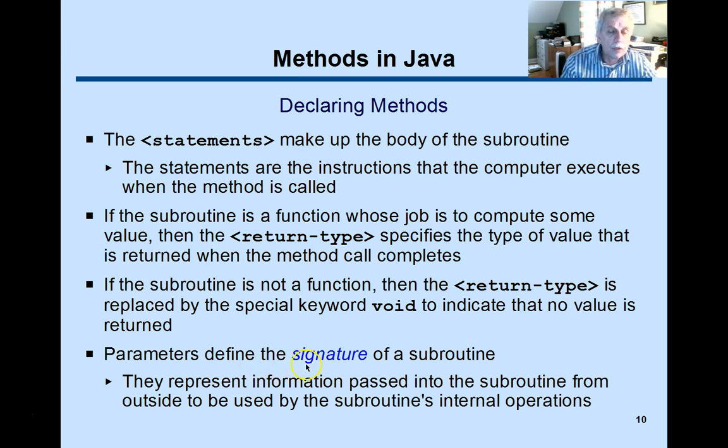The parameters that are going to be passed, if there are any, constitute the signature of the subroutine, and this gives insight to anyone who's going to be invoking the subroutine as to how to correctly formulate the call.